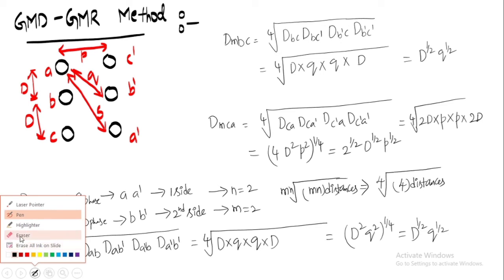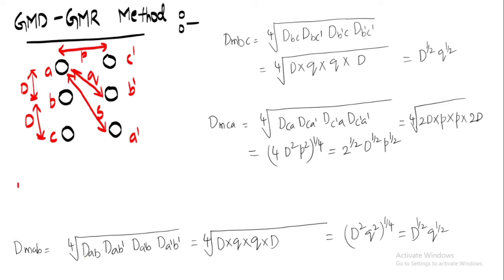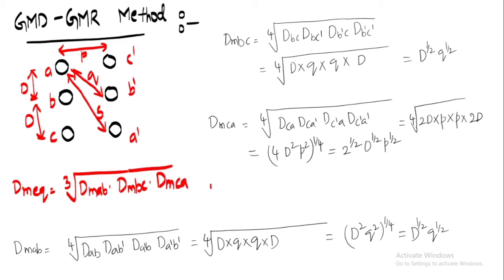Now we can find DM equivalent. Now DM equivalent is nothing but cubed root of DMAB into DMBC into DMCA, and now it is given by cubed root of, what is the first term? D power 1 by 2, Q power 1 by 2.